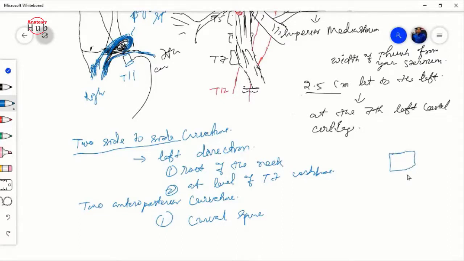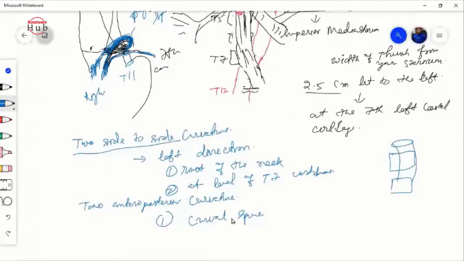Body of the cervical spine. So the esophagus curves anteriorly near the body of your cervical spine. So the first antero-posterior curvature will be at the cervical spine.